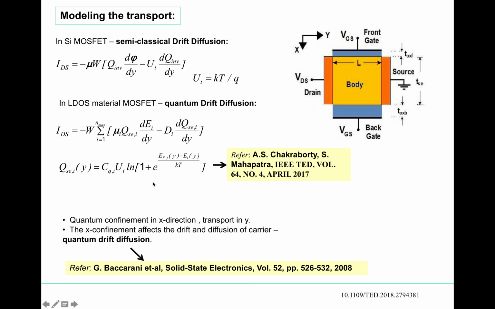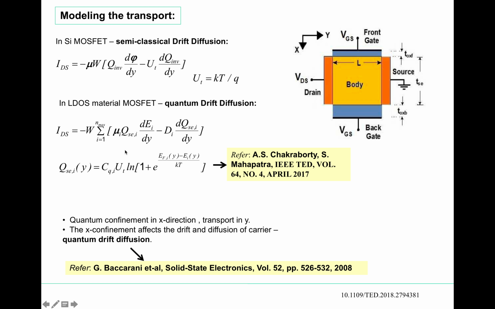And Di by mu is no more kT by q due to the change in material, and it takes a bias dependent form, so we cannot directly solve this equation.